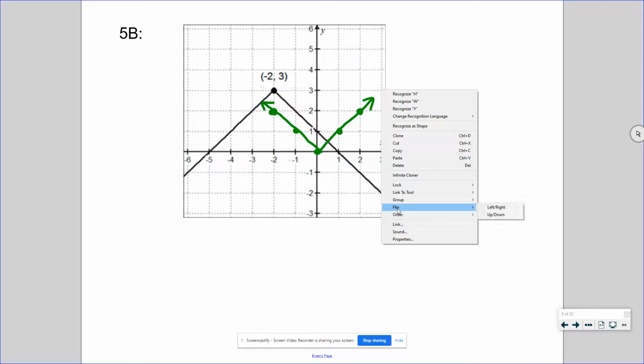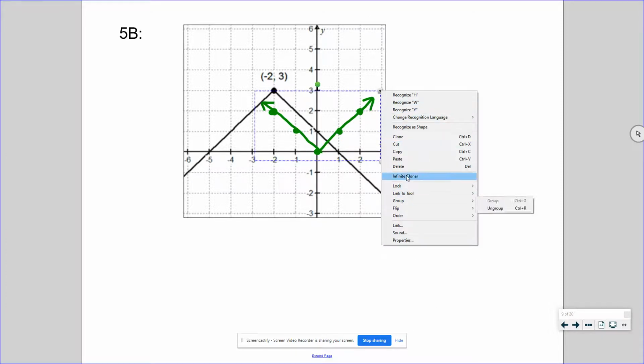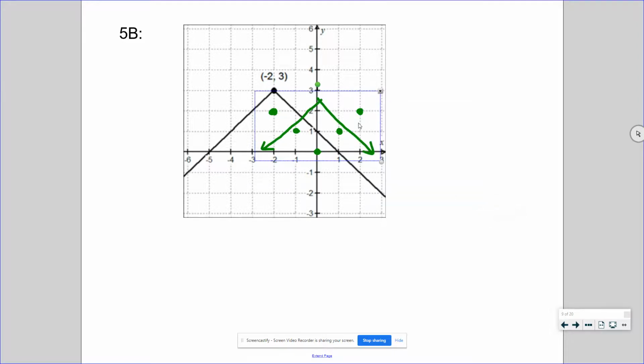Obviously, it has been reflected, right? Let me try that again. Okay, my parent function has been reflected. Don't mind the dots not moving, but you get the idea. So my graph would be down here, and then it gets moved left 2 and up 3.